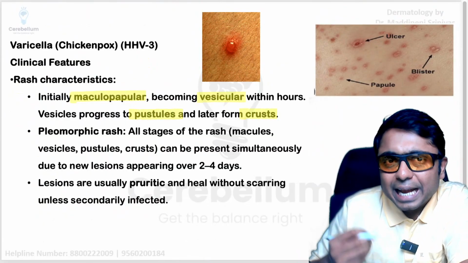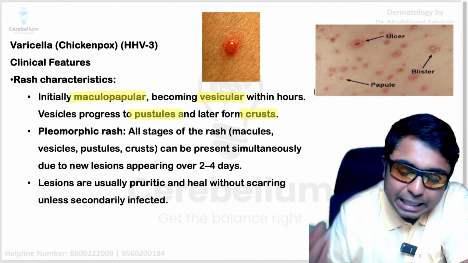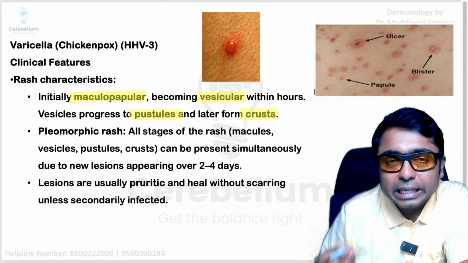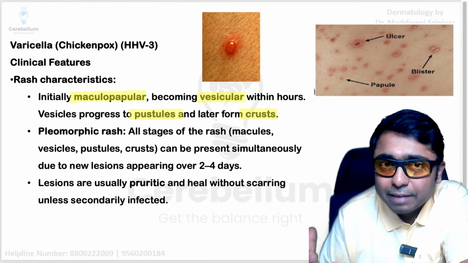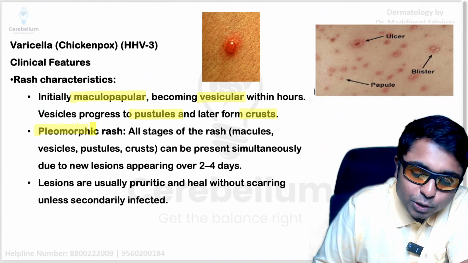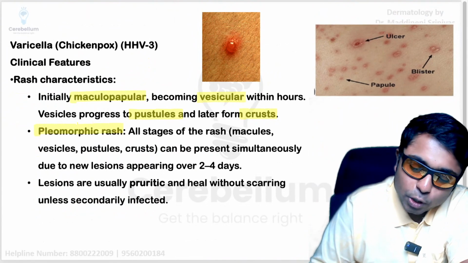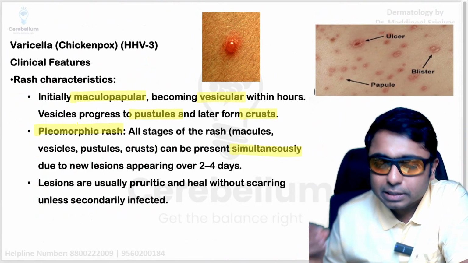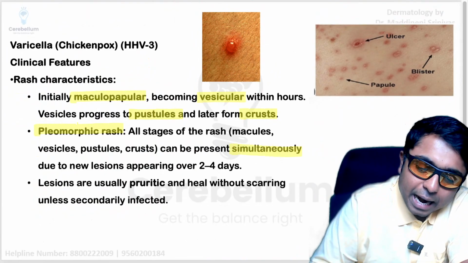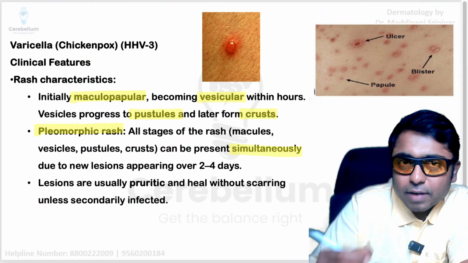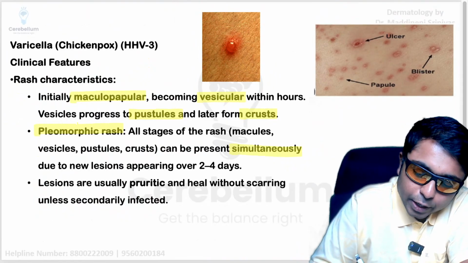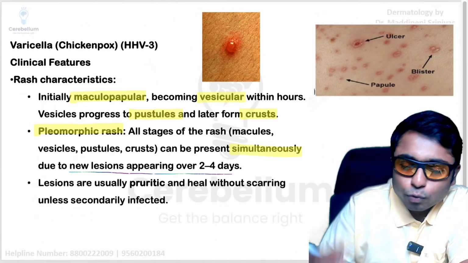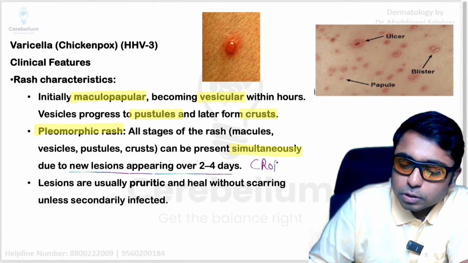So in a given patient, you can see all the stages of these rashes at a given point of time, and this is what is called a pleomorphic rash. Pleomorphic rash, where all the lesions can be present simultaneously, and new lesions appear over 2 to 4 days in crops.